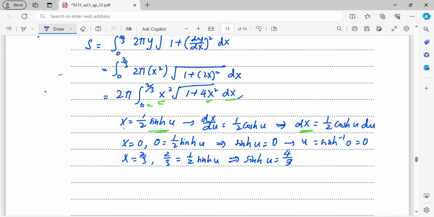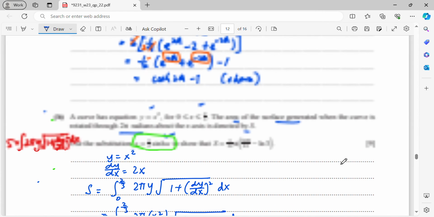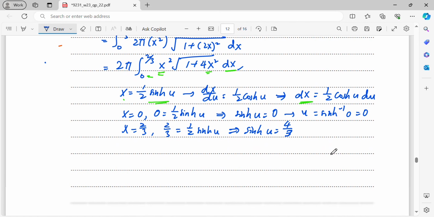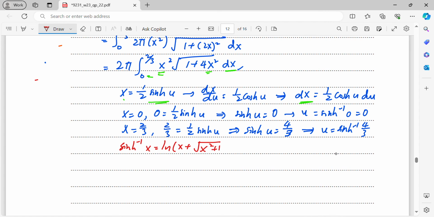Okay, and then when you refer to the answer in terms of ln and fraction, there's no sine. That means now I need to refer to my expression. So for your information, inverse sine x is ln of x plus square root of x squared plus 1.